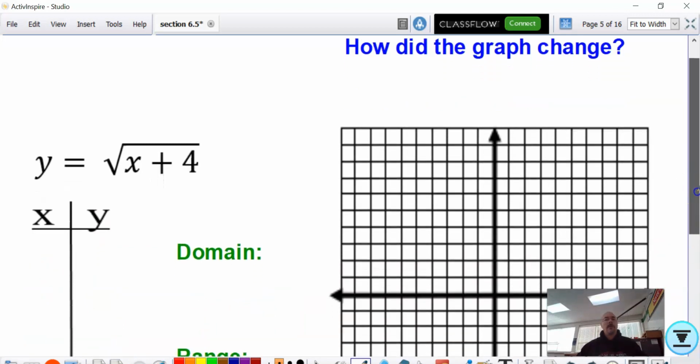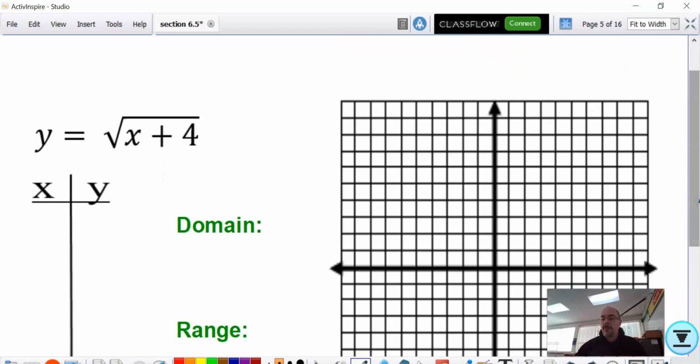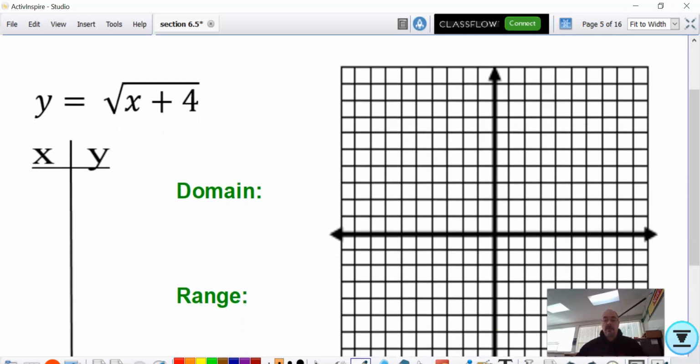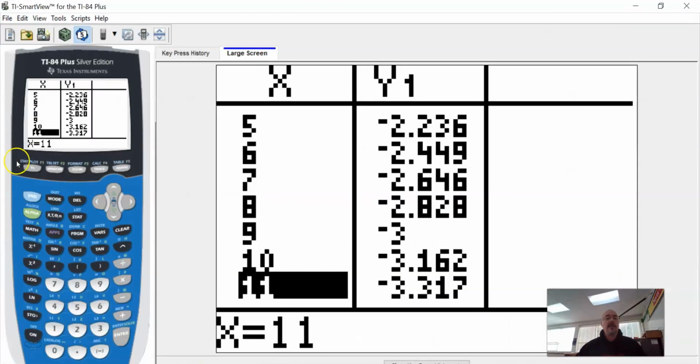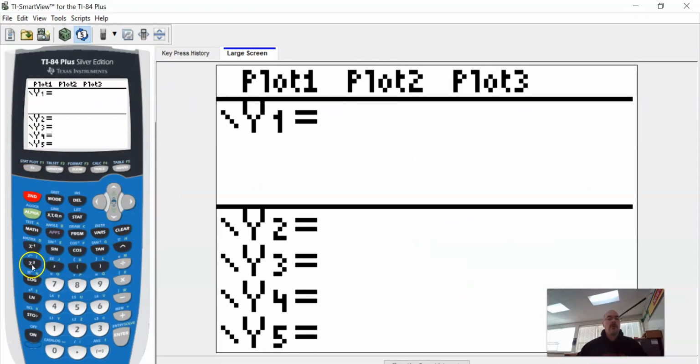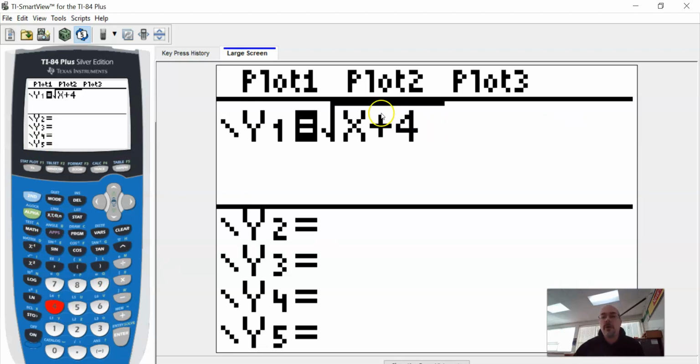Okay, now notice that there is a +4 inside with the x. It's really important to make note of that detail. All right, so when I type this in, folks, I'm going to go the square root of x. Now I can just keep typing +4. Notice how the square root keeps going along with it.